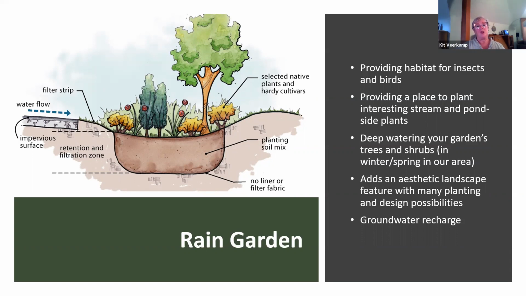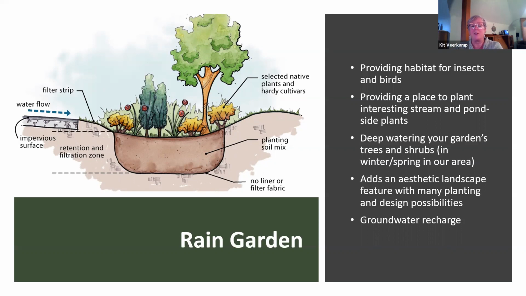But you can plant specialty plants in there that you wouldn't normally be able to grow, some special kinds of grasses. It provides great habitat for insects and birds. You can grow some different kinds of trees like box elders and things that require a little more water than normal with this kind of application. It adds a unique feature in the landscape.